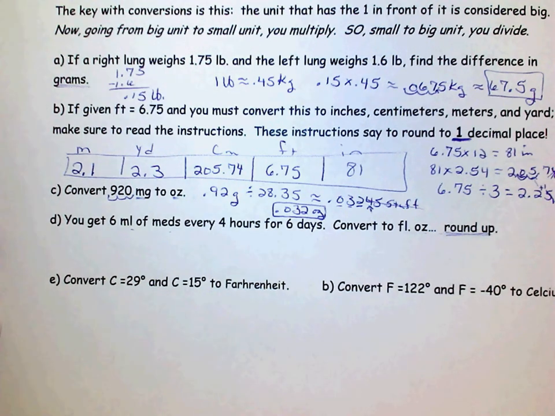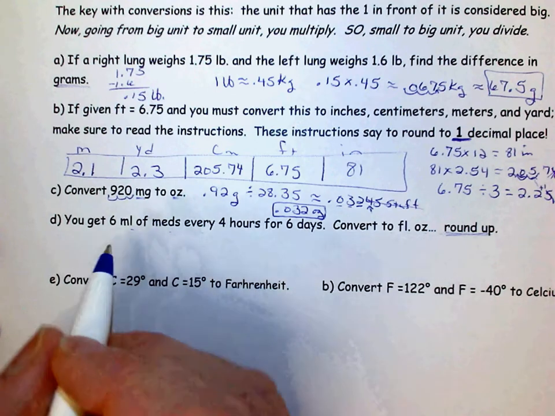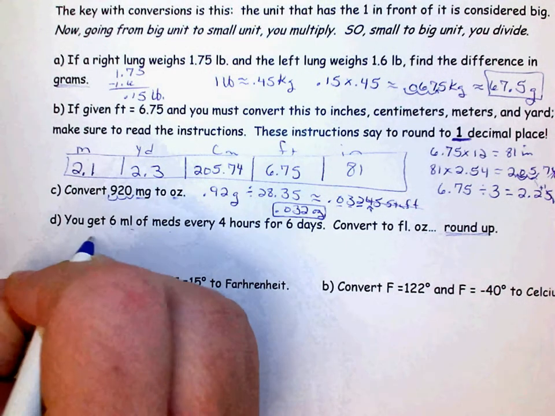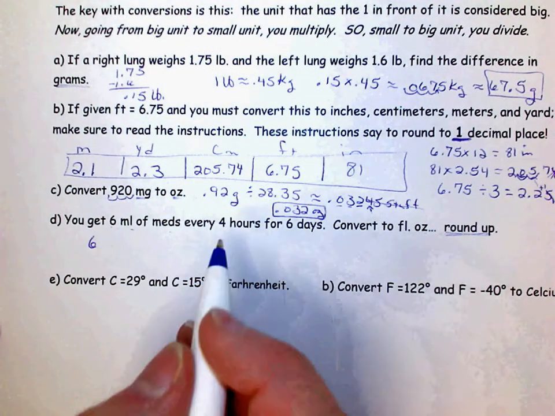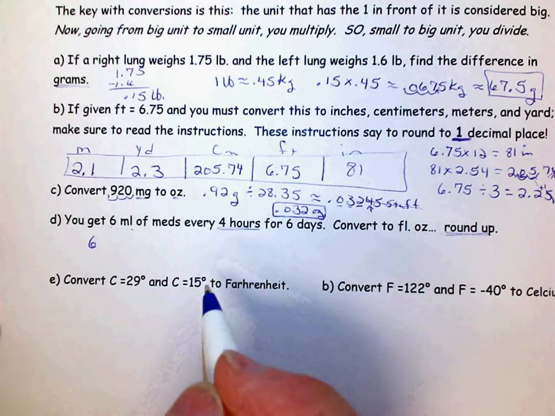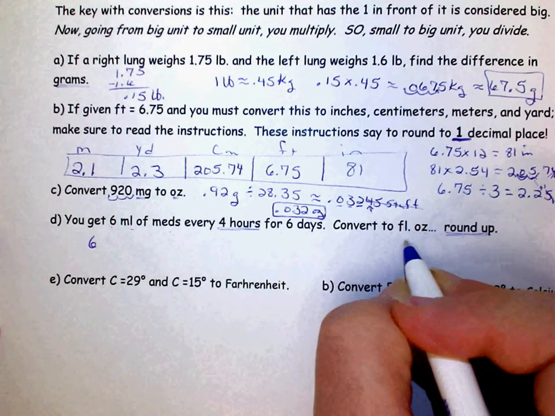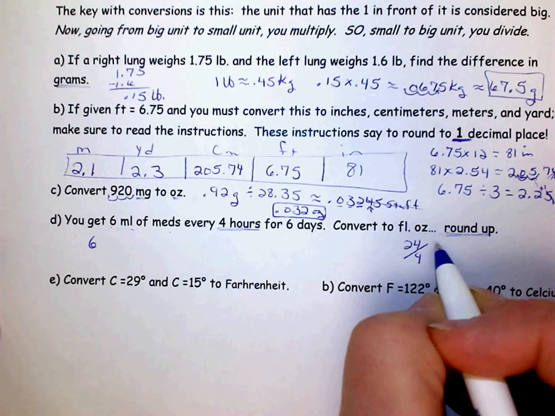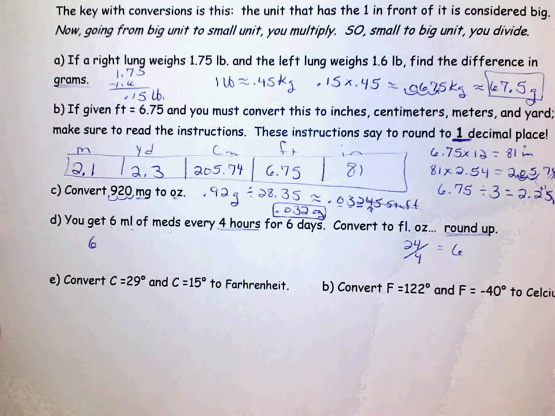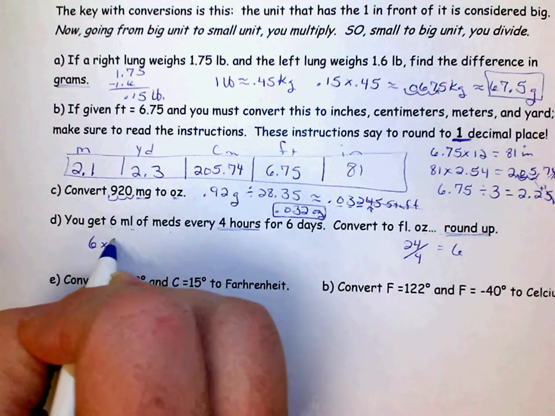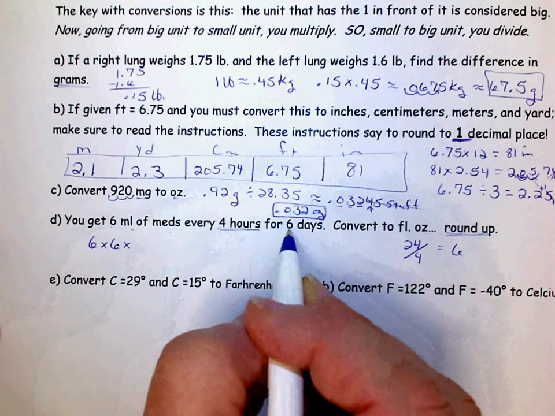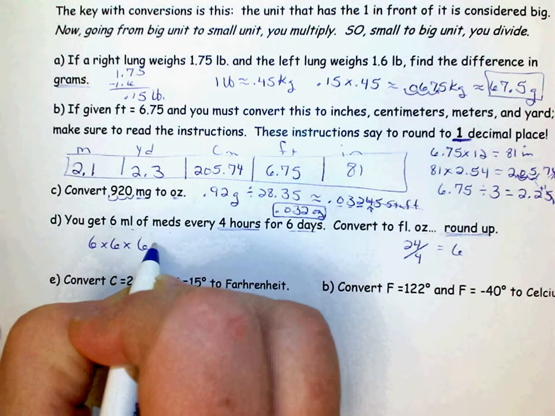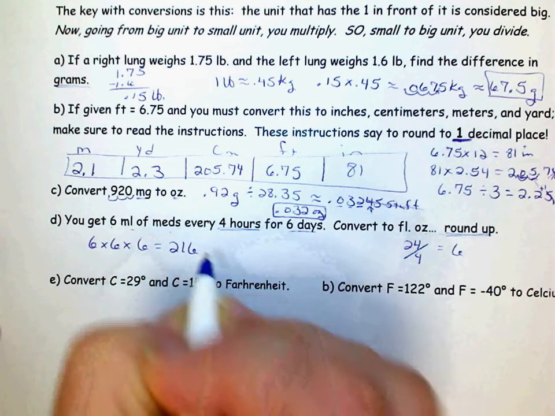So you get 6 milliliters every 4 hours. Well, there's 24 hours in a day, and if you take it every 4 hours, you're taking it 6 times per day. So 6 times 6, and for 6 days, so that gives us 216 milliliters.